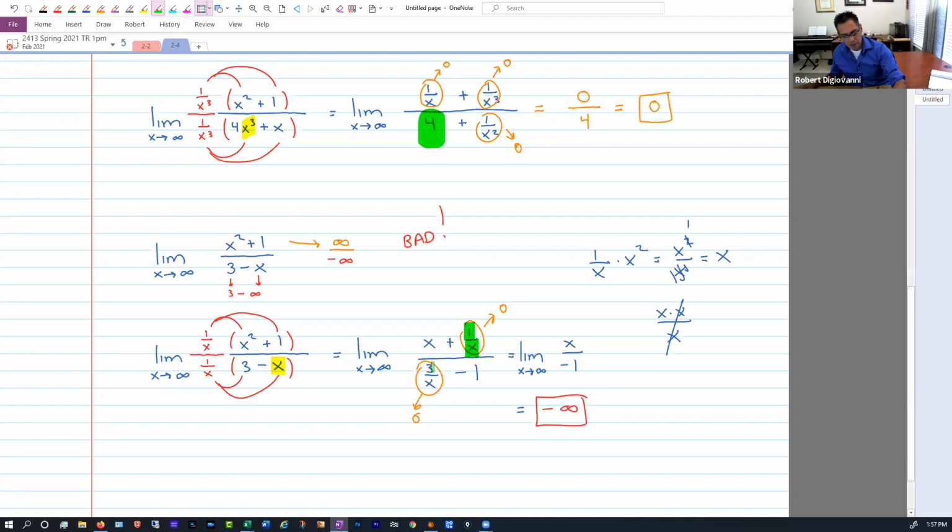The 3 over x is a fixed number over x. We know that as x gets big, this gets small, goes to 0. As x gets big, this gets small and goes to 0. But as x gets big here, it's not part of a fraction. It's just x, so it gets huge, right? And then you divide by -1, and that creates a negative huge number. Okay. Got it?